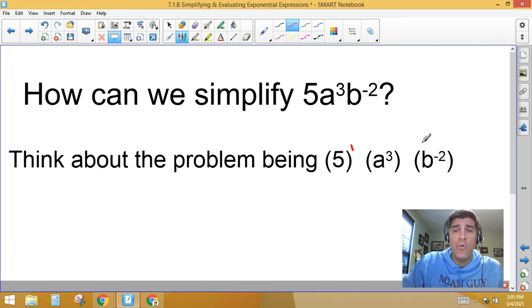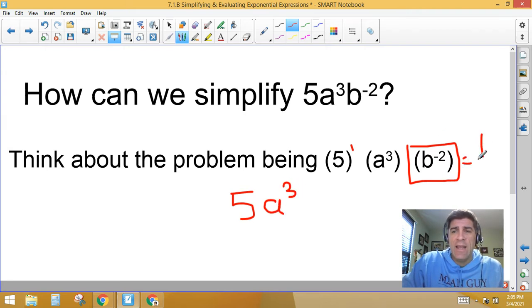As we said last lesson, if it has a negative exponent, it's not simplified. So I only need to take this piece. I'm still going to have a 5 and an a cubed. But what I need to do with this is make that 1 over b squared. I need to do the reciprocal of that. The base stays the same. It still stays a b, but now the exponent's positive.